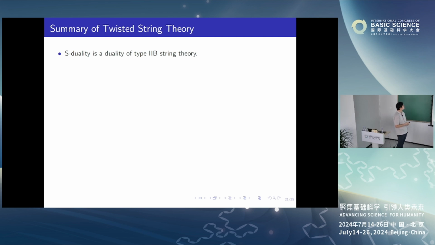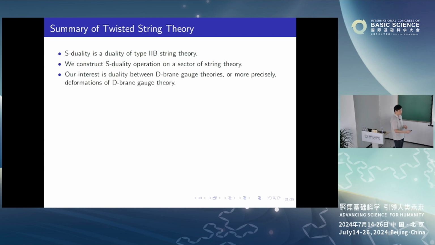S-duality is the duality. And S-duality can actually be constructed mathematically, at least on a part of string theory, after defining that part of string theory. And remember, if you remember the first part, it was about geometric Langlands, and I claim it's about 4D field theory.